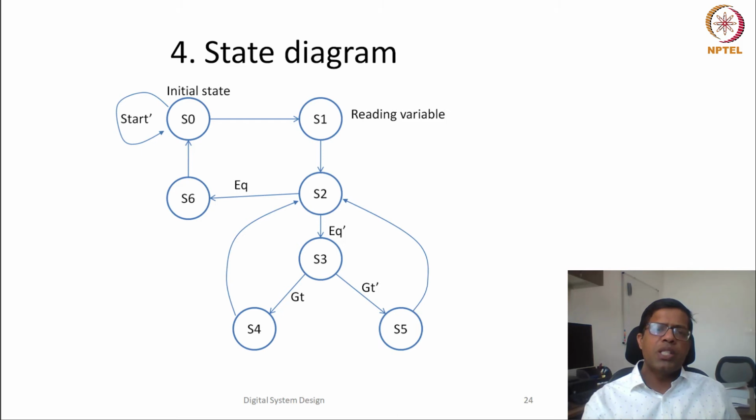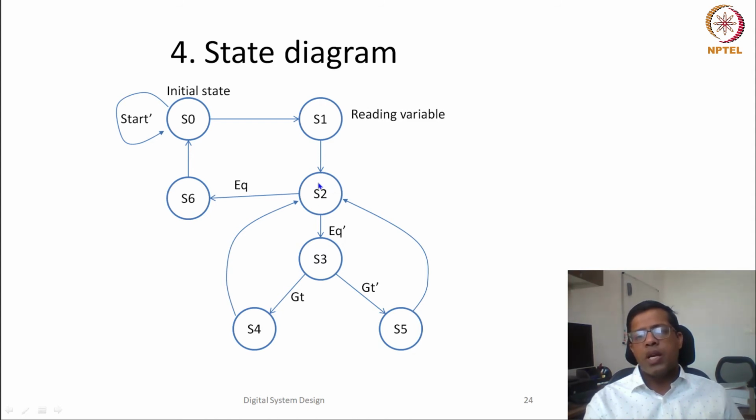In the state machine we are starting with the initial state S0. From the initial state, if start is not there, or basically start is 0, it keeps rotating in state S0 itself. If start is there, then S0 moves to the S1 state. In S1 we are reading the registers, reading the variables, and then in S2 we are comparing.